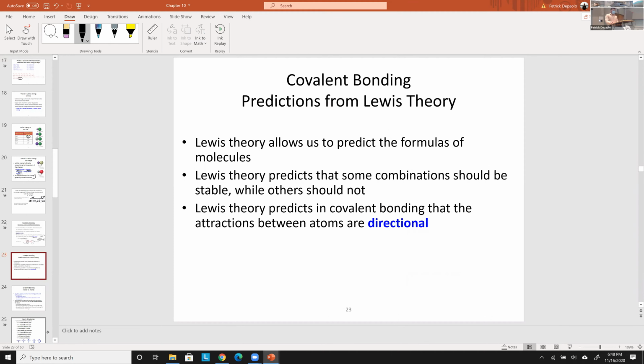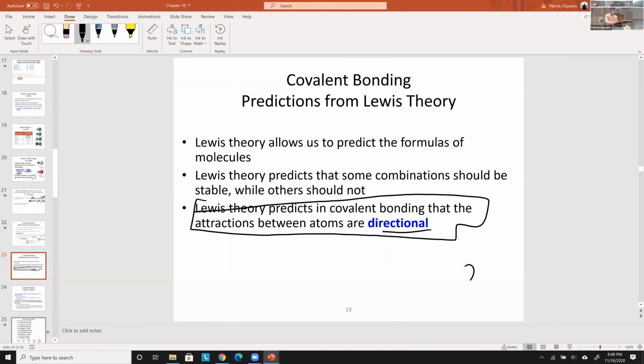Now, Lewis structures, when we're talking about covalent bonds, these are directional. So meaning they have directions, obviously. But let's say water. Water looks like this. This is the conventional way. If you look up water Lewis structure, it always looks like this. That's for a reason. And we'll talk about that reason more in chapter 11.